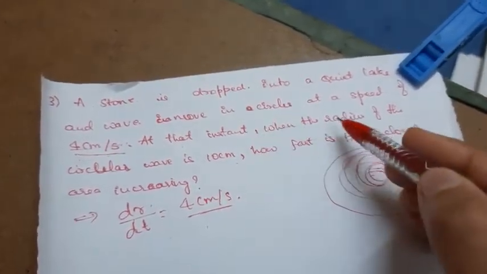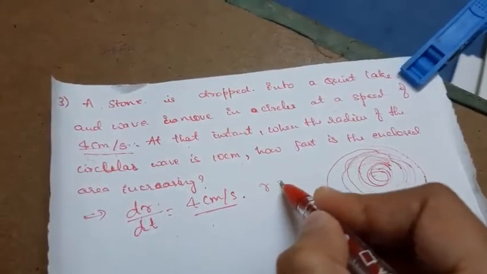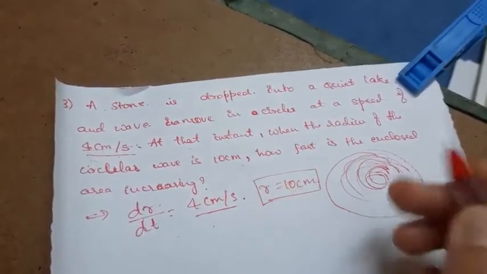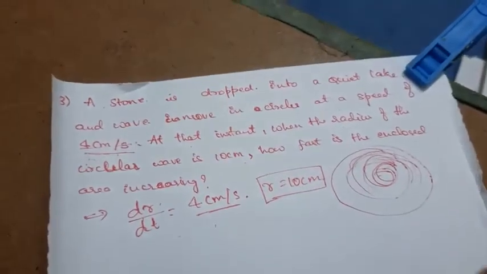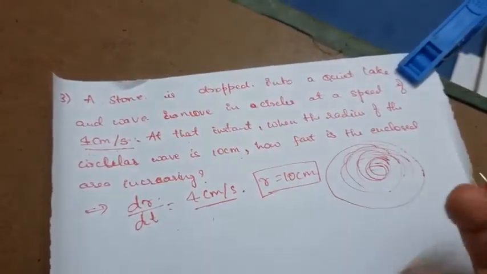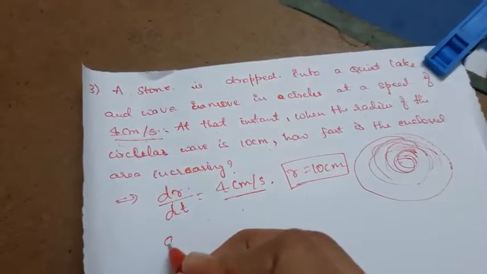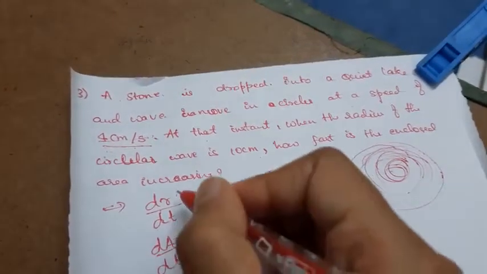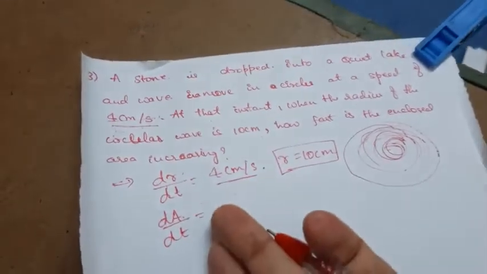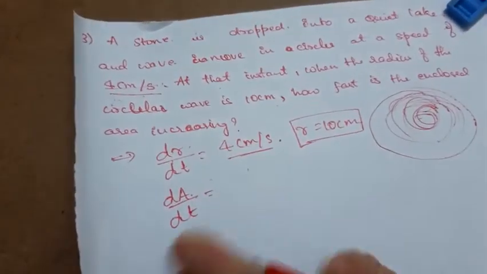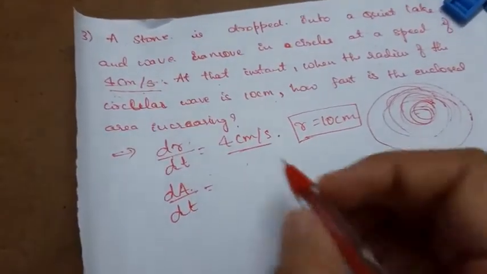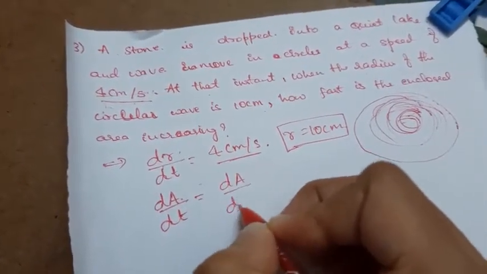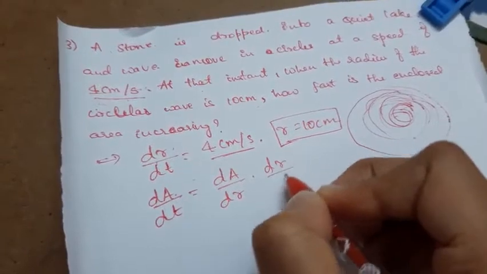At that instant, when the radius is 10 centimeter, how fast is the area increasing? So we need to find what here? The rate of change of area with respect to time, because here the parameter itself is changing with respect to time, so the quantity is also going to change with respect to time. So dA by dt is nothing but dA by dr into dr by dt.